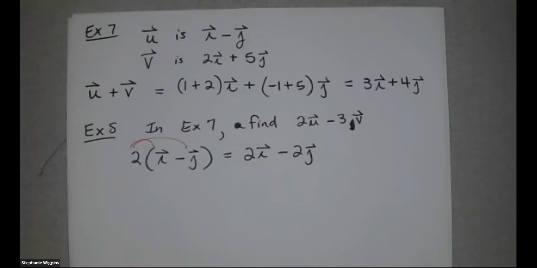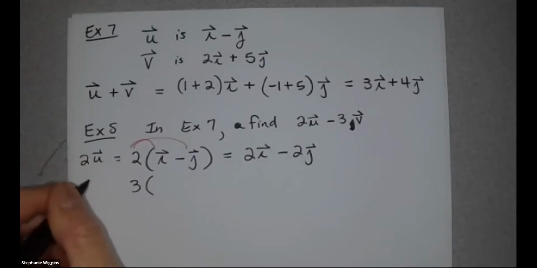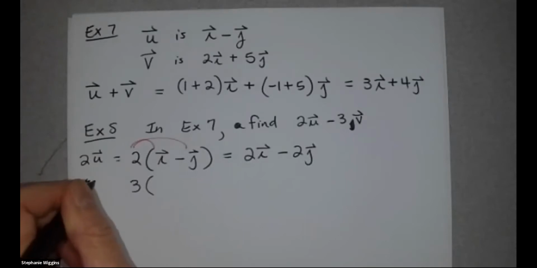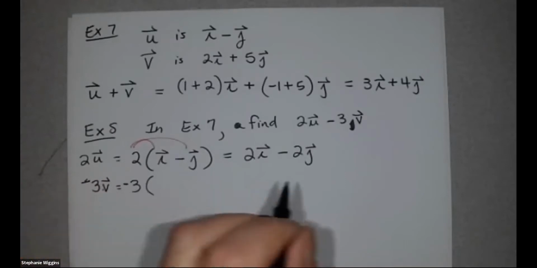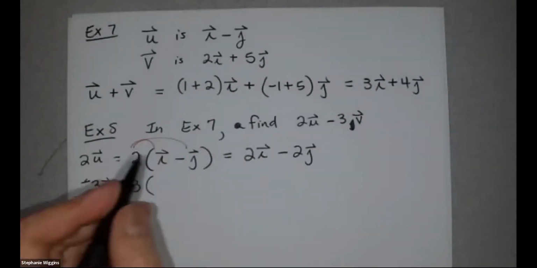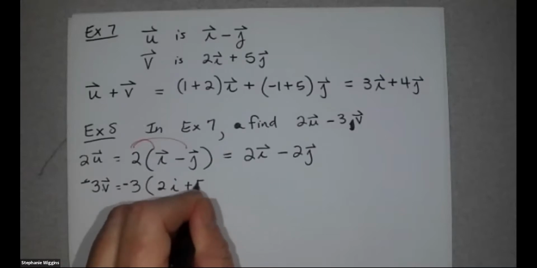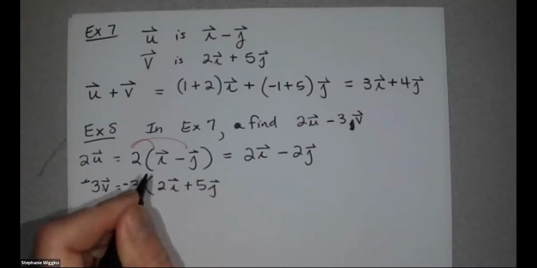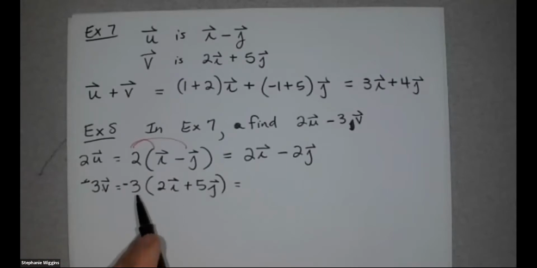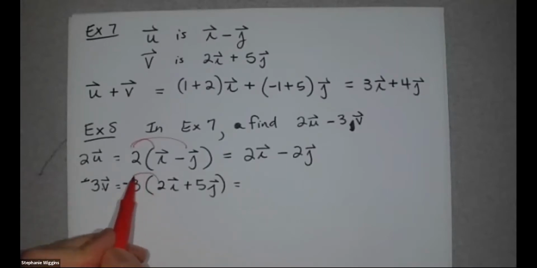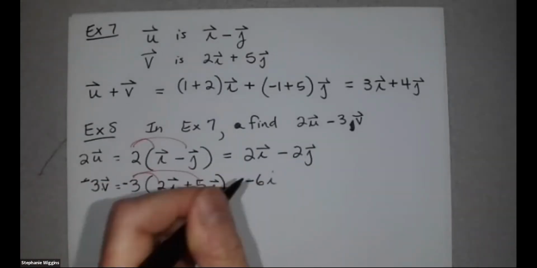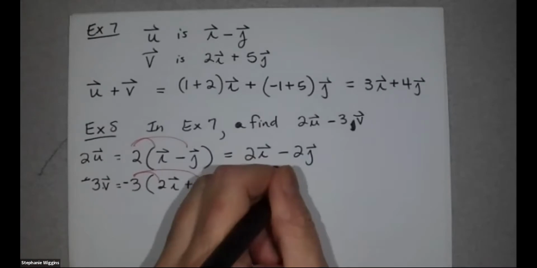And then if you want to find 3 times v, so this is 2u, and I'm going to do negative 3 times v. v, remember, is 2i plus 5j. So you just distribute the negative 3 through, and you get negative 6i minus 15j.